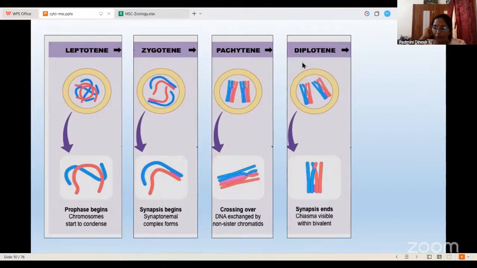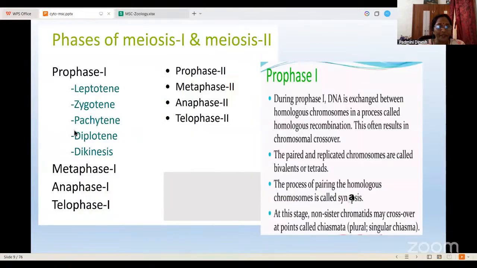So what you can do is take down only the first letter of each stage: L, Z, P, D. In this picture, you can clearly see L, Z, P, D, and D. You can remember L stands for Lata, Z stands for Zara, P stands for Pani, D for they. Lata, Zara, Pani, they.